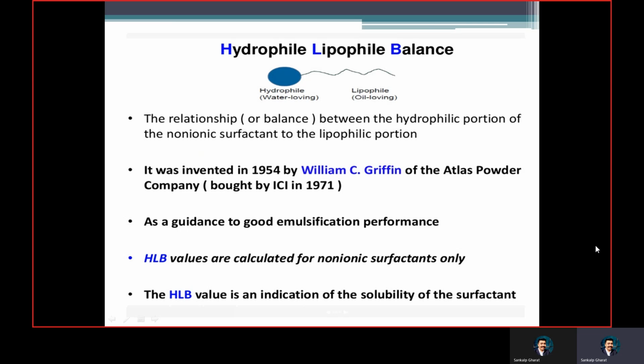Depending upon the globule we saw in the previous slide, this surfactant molecule will orient in such a way that it will coat either an oil globule or a water globule, depending upon the dispersed phase. HLB values are calculated for non-ionic surfactants only. Once HLB values are calculated, it is easier for the formulator to choose a correct surfactant.